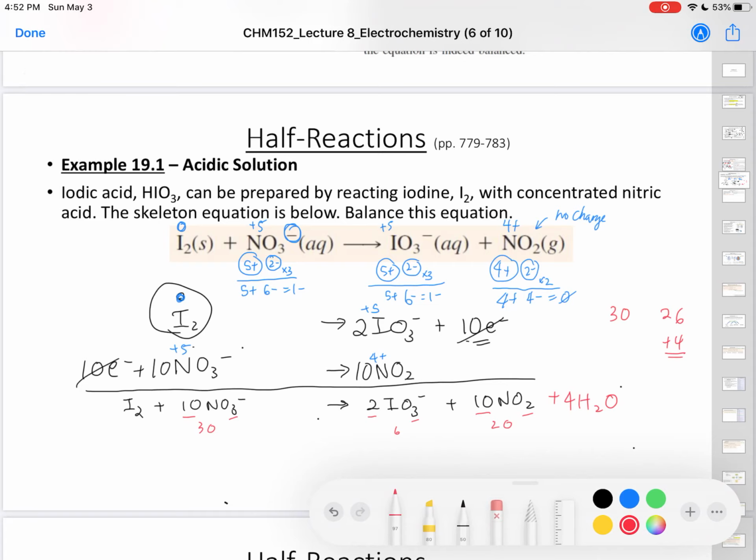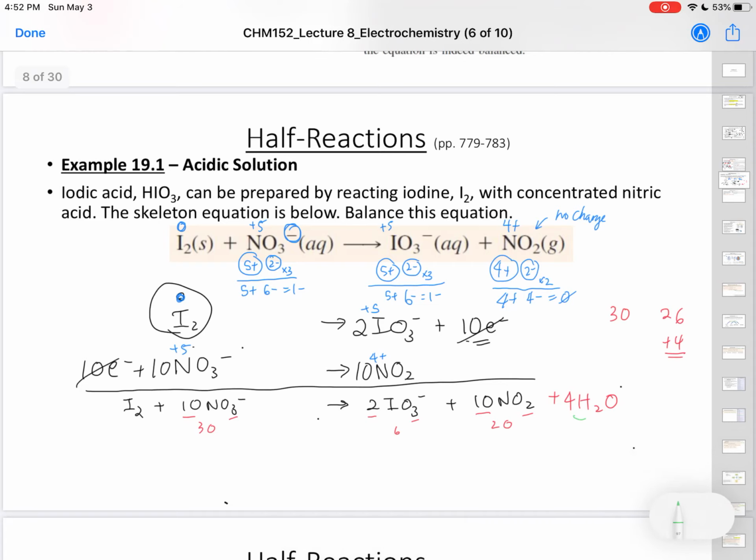So 4 waters. Then let's count our hydrogens. Our hydrogens is 4 times 2 is 8. And we don't have any on the left side. So we need to write 8 hydrogens on the left side.